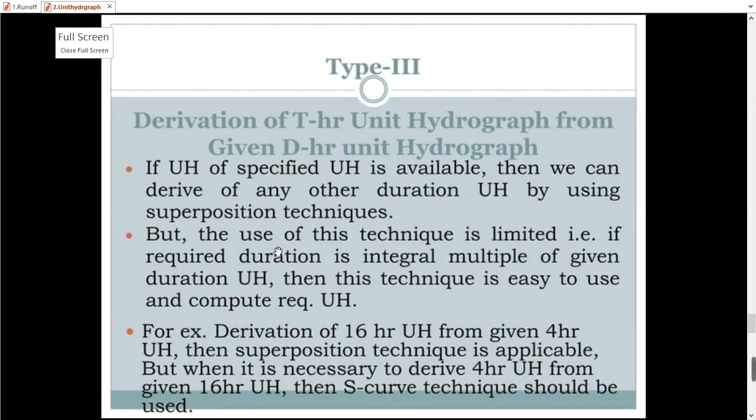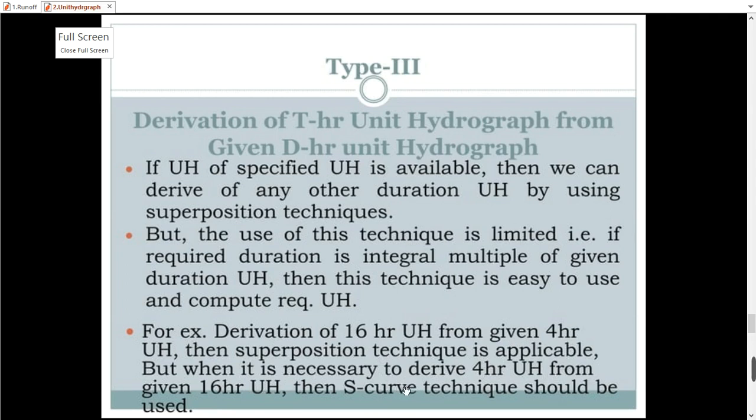But the use of this technique is limited, i.e., if the required duration is an integral multiple of the given duration's unit hydrograph, then this technique is easy to use and compute. For example, derivation of a 16-hour unit hydrograph given a 4-hour UH, then the superposition technique is applicable.